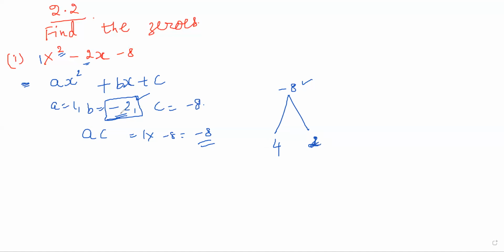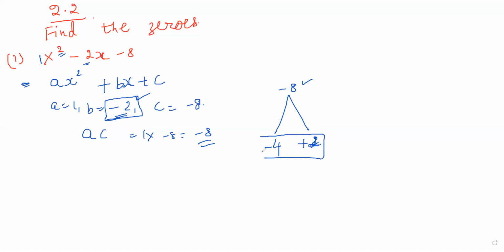Then by seeing the value of b, you have to put the sign. If the greater number has the minus sign, the answer will be negative. So I will give minus for the bigger number and plus for the smaller number. Minus 4 into plus 2 is minus 8. Minus 4 plus 2 is minus 2.